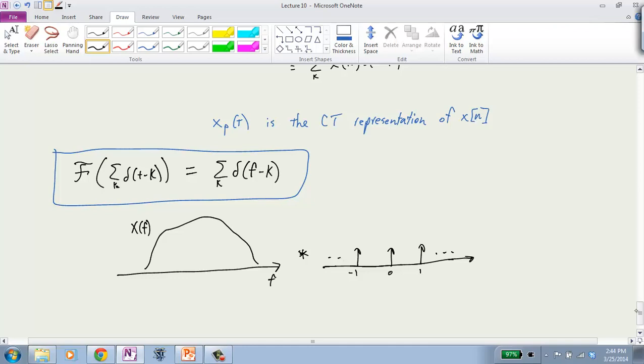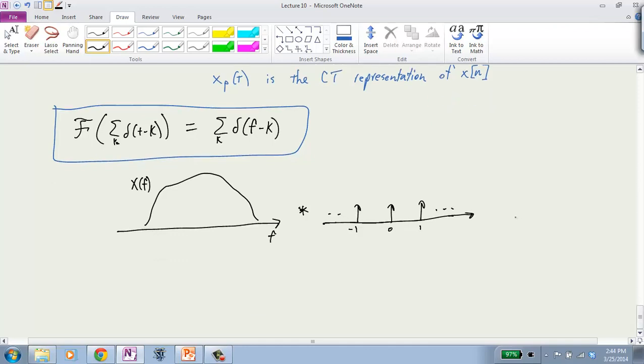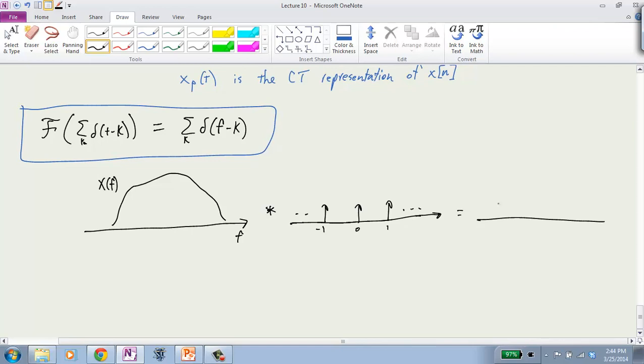So what we are going to get is something that in picture looks like the following. We're going to get what we had there, let's say centered at 0. I'll give it some scale here.